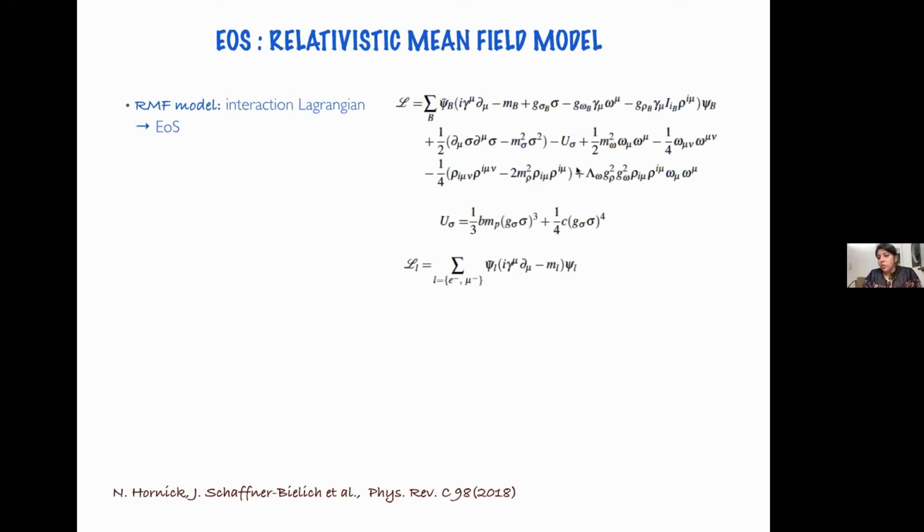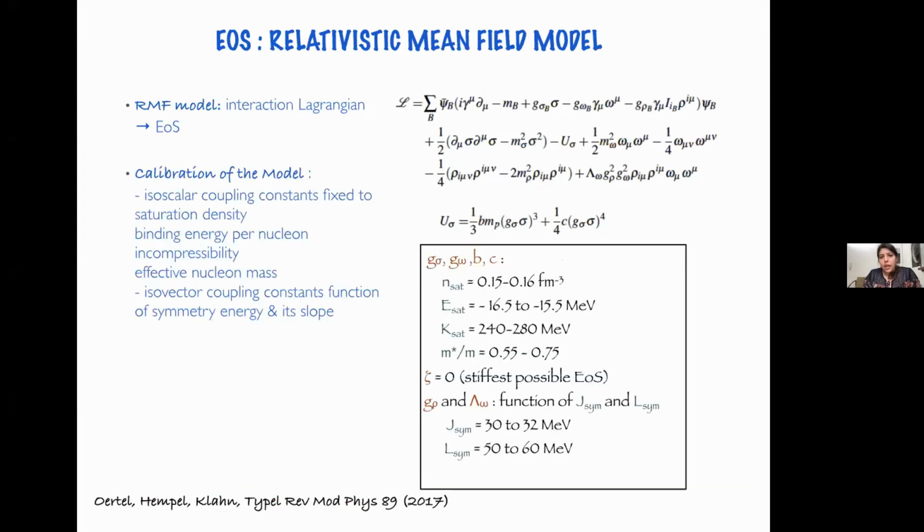We also included the isovector rho-omega interaction. And for calibration of the model, these coupling constants, like g_sigma, g_omega, and so on, there are 4 couplings which are isoscalar, and these can be determined from the nuclear saturation properties.